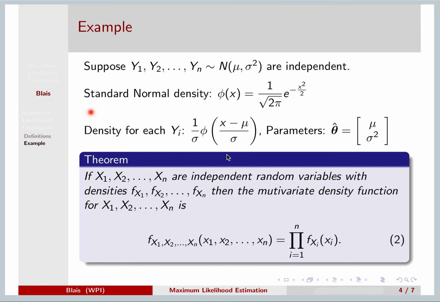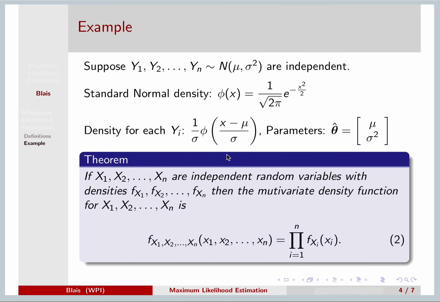If that's the case, we know the density for each. So phi of x, this is the density for the standard normal, 1 over root 2 pi e to the minus x squared over 2. And if you want to get the density for each of the yi's, you take that normal density, multiply by 1 over sigma, and then feed it this z-scored, so mean adjusted and divided by the standard deviation, term, x minus mu over sigma.